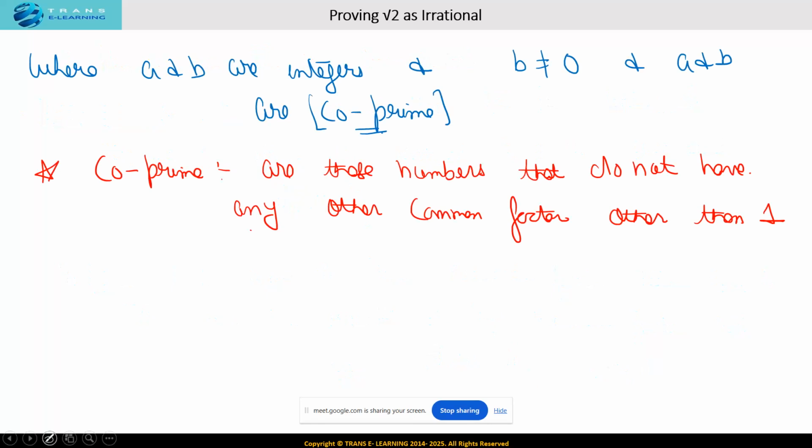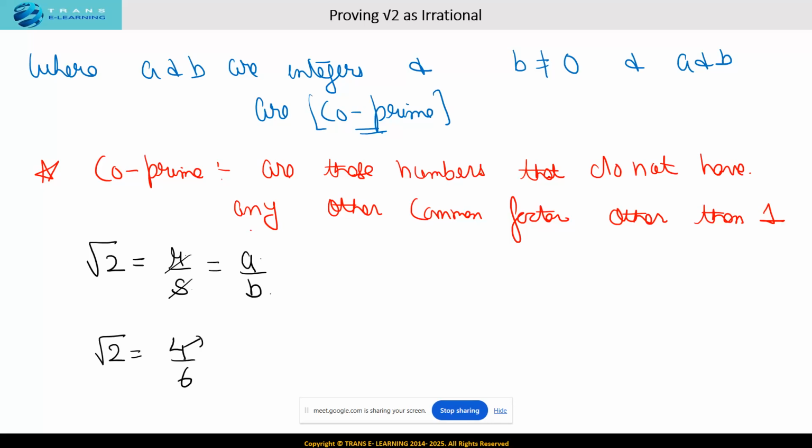What do you mean by this? I have considered in the first case that root 2 is equal to r upon s, and that r and s have some common factor. When we cancel the common factor, we get a divided by b, where a and b are co-prime. That means they do not have any common factor other than 1. For example, take root 2 equal to say 4 upon 6.